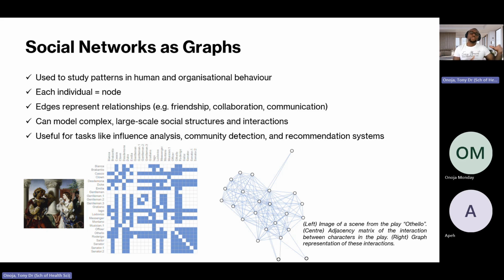So in social network platforms like Facebook and all that, they use these social networks to make this sort of recommendation. They use them to study patterns in human and organizational behavior, and each individual in this case is going to be a node.